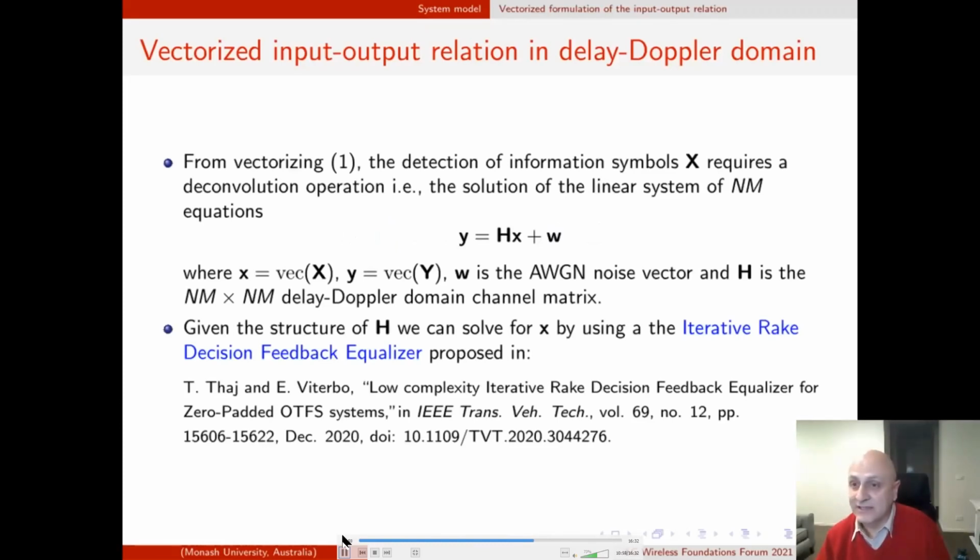Now, obviously, this matrix is NM by NM, which is a large matrix, but it is very sparse. So we have proposed the iterative Rake decision feedback equalizer, which solves this problem and extracts good estimates of the transmitted symbols in x, taking advantage of the structure of H and its sparsity.